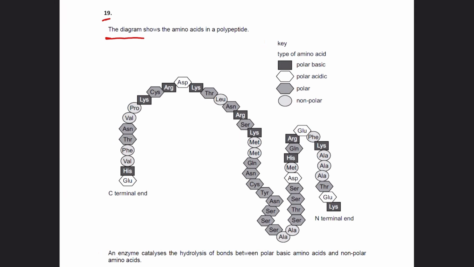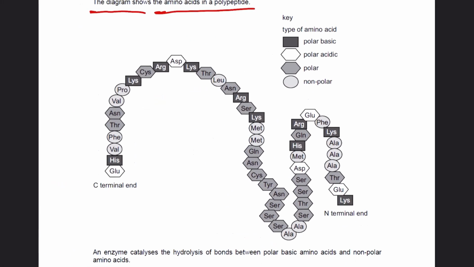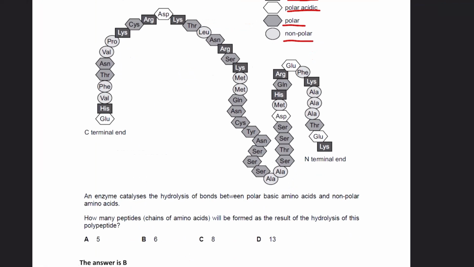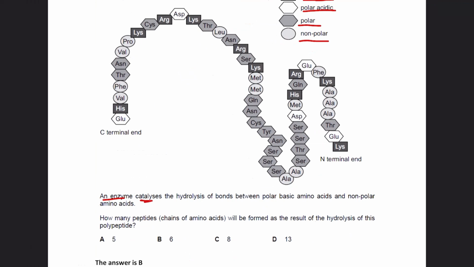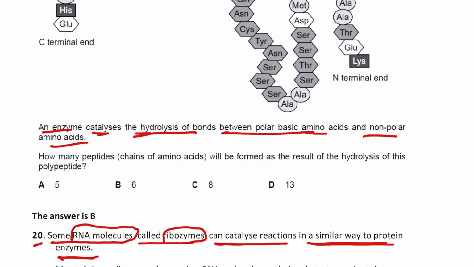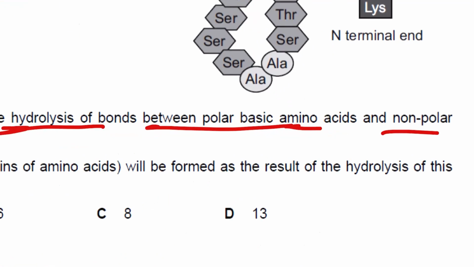The diagram shows the amino acids in the polypeptide. Okay guys, so we can see the polypeptide. It has 4 types of amino acids: polar basic, polar acidic, polar and non-polar. An enzyme catalyzes the hydrolysis of bonds between the polar basic amino acids and non-polar amino acids. So they say that there is an enzyme which is catalyzing or hydrolyzing the bonds between which 2 amino acids?